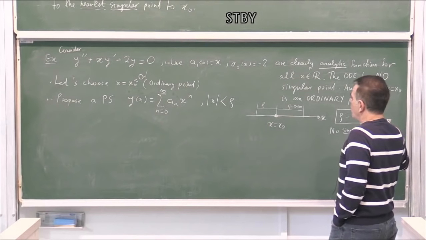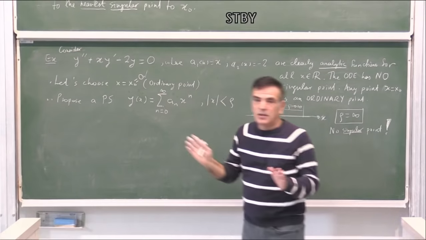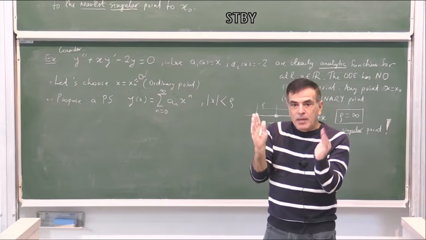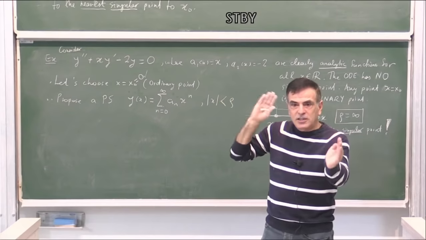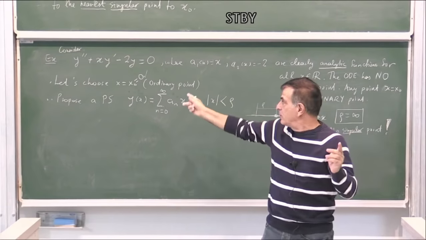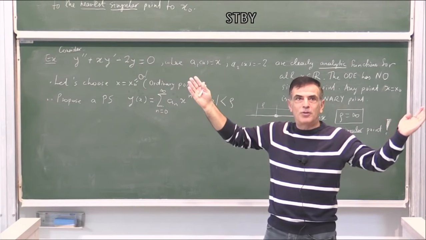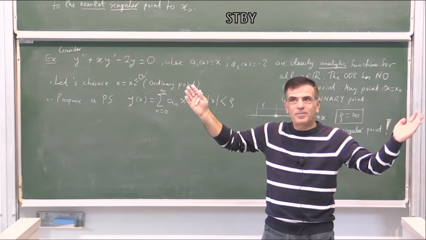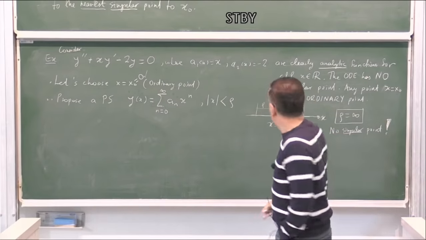So the radius of convergence of such a power series solution may be bounded by the distance from x0, here 0, to the nearest singular point. Since there is no singular point, there is no bound for rho.